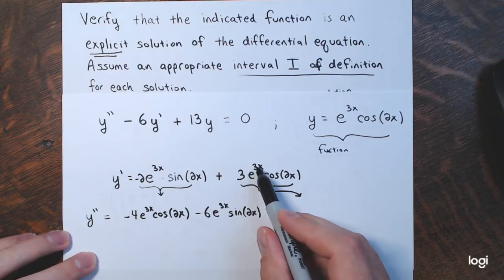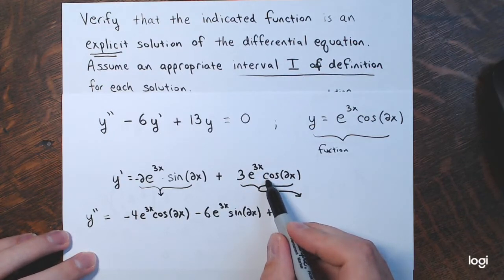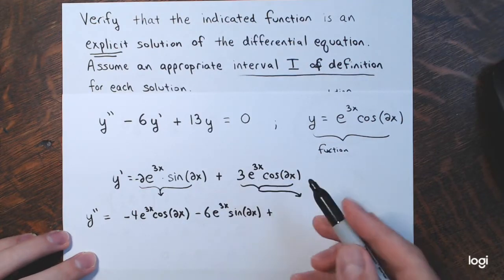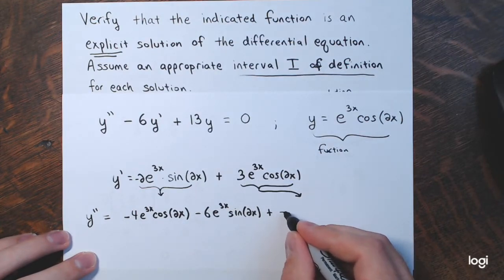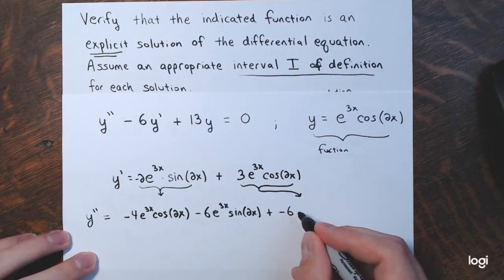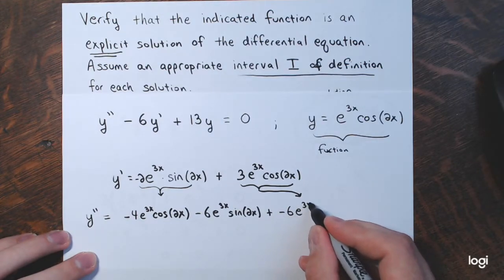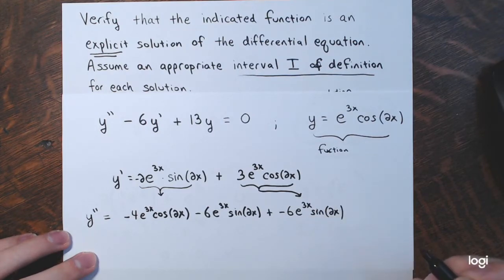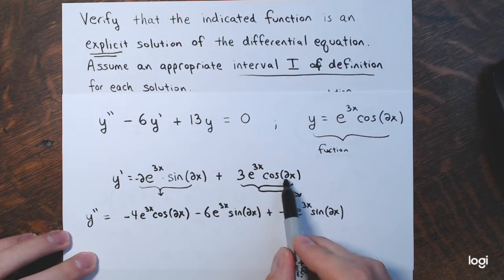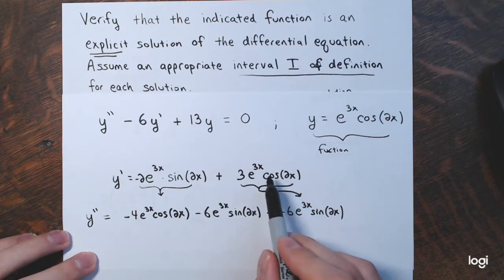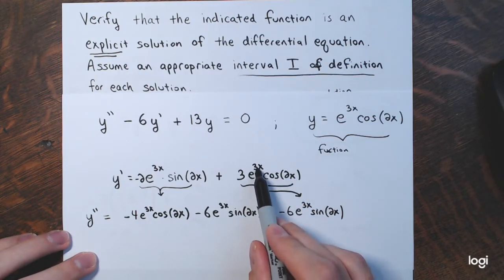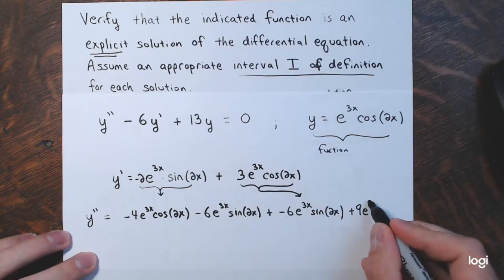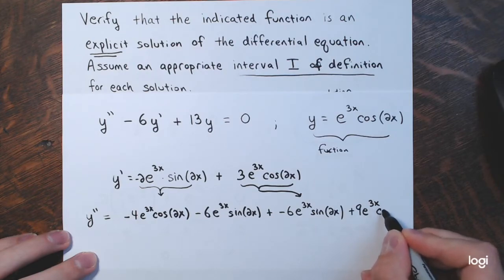So 3 e to the 3x times the sine of 2x, but negative sine of 2x times 2, so that'd be minus 6 e to the 3x sine of 2x, and then keep the cosine 2x, and then the derivative of e to the 3x would be 3 e to the 3x, plus 9, right, plus 9 e to the 3x cosine 2x.